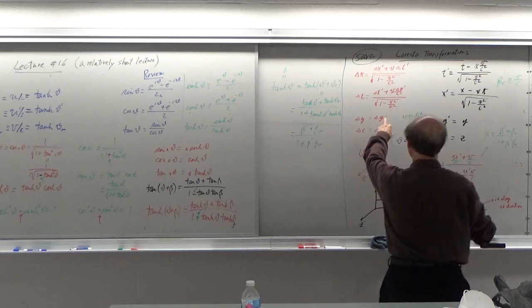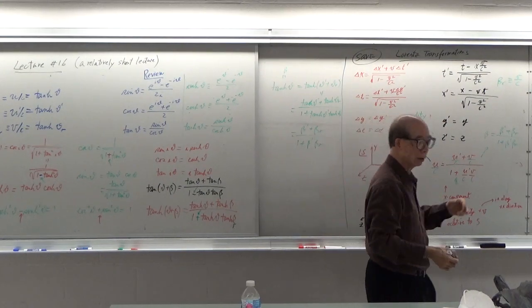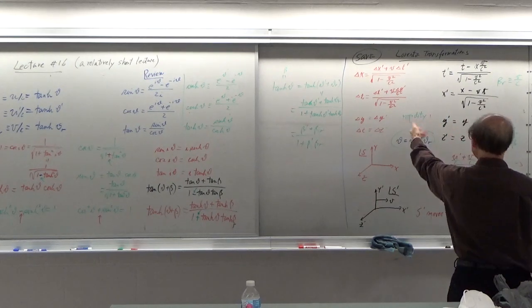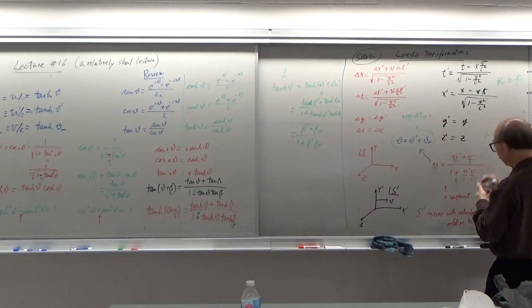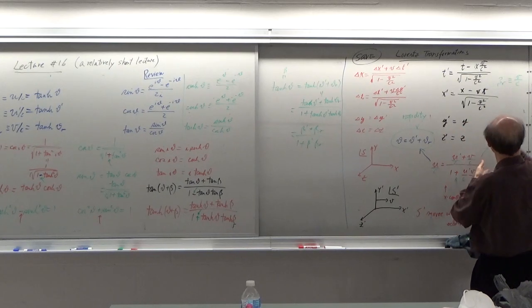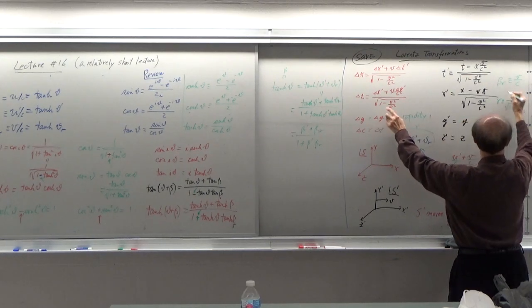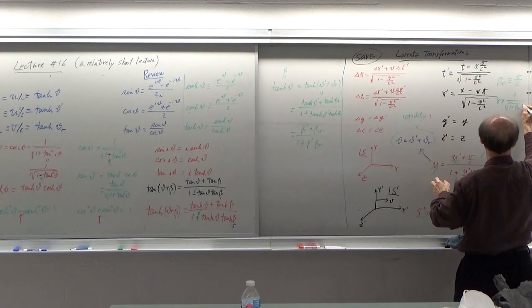And since 1 over the square root of 1 minus v squared over c squared appears often, let me in fact give that a name. So I will also introduce gamma, which is defined to be 1 over the square root of 1 minus beta sub r squared.